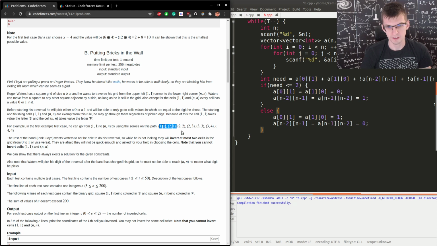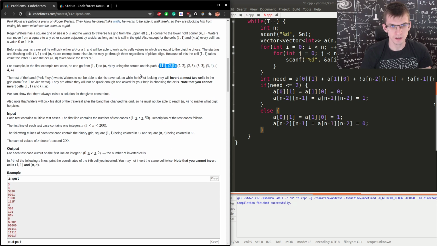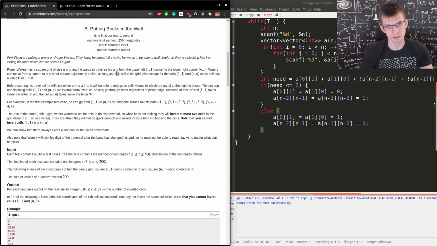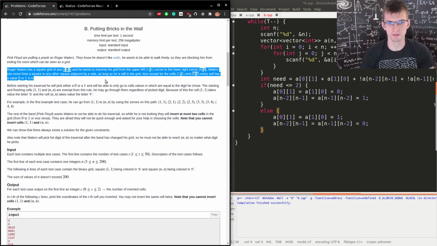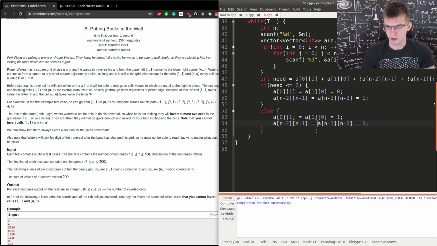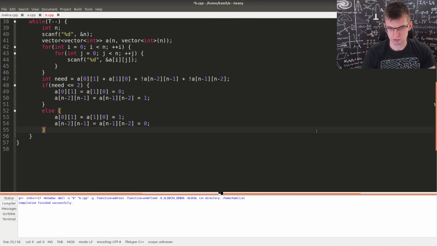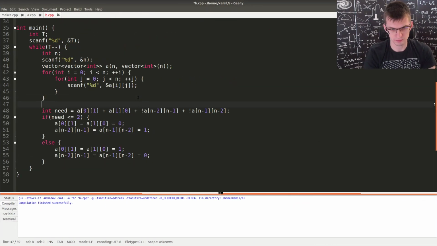Damn it, only zeros. Okay, this is first 3, 4. Okay, this is 3, 4. So row goes first. I don't know why it isn't stated, unless I'm missing it from the statement. Those are changed cells.